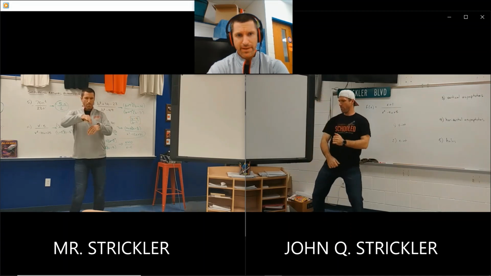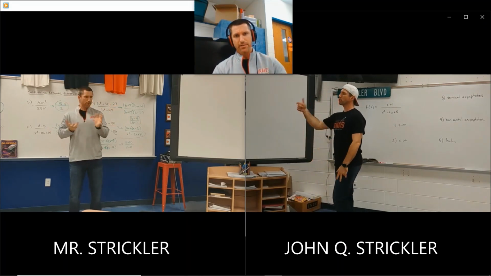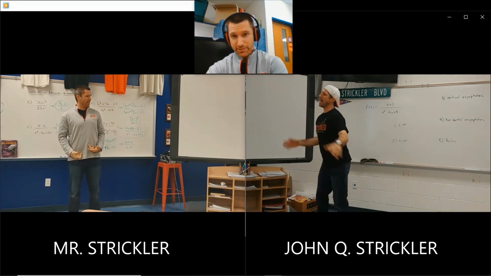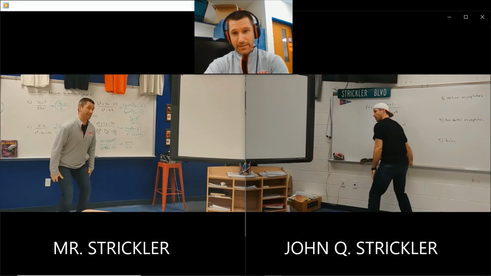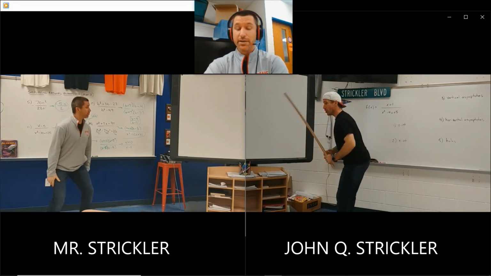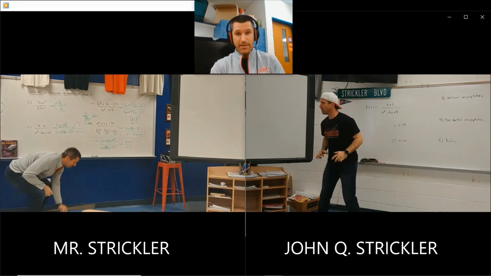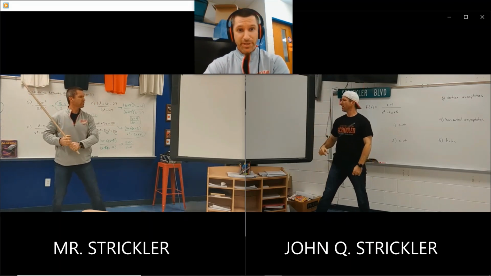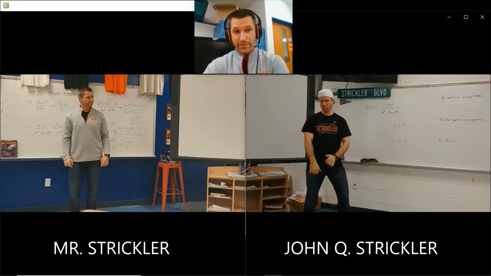He has now busted out into the Renegade. Strickler is going for it. And TikTok is not going to like this. And neither does John Q. John Q does not like the fact that this 38-year-old man has started to do the Renegade. He is now threatening him with a meter stick. I don't think that's allowed. He has thrown the meter stick in a math classroom. Strickler picks it up. Looks like he might retaliate. But cooler heads prevail.